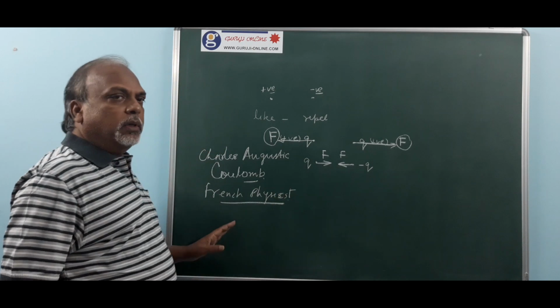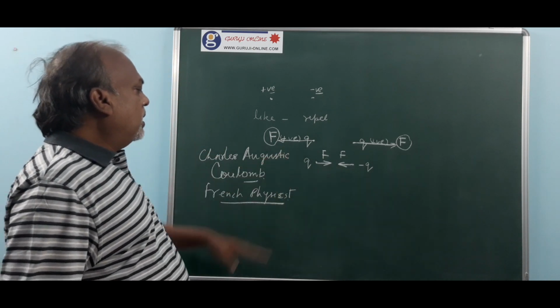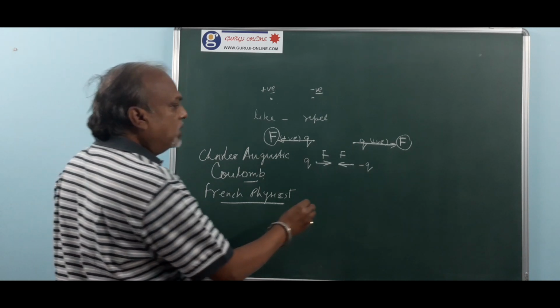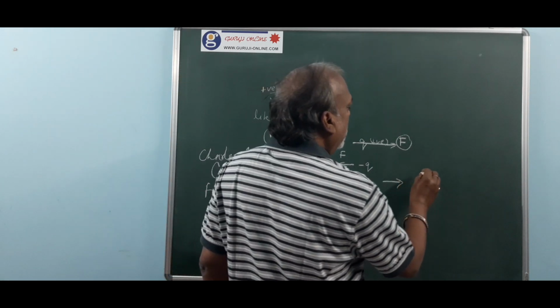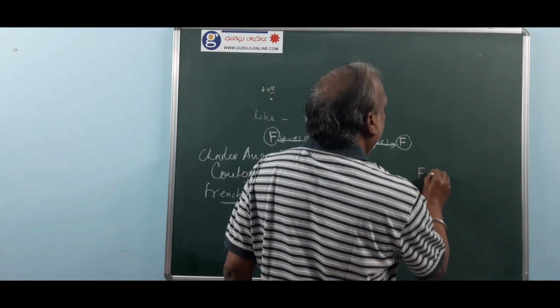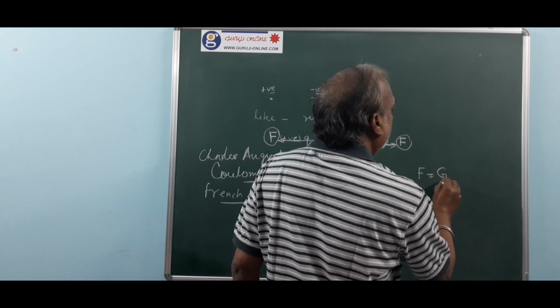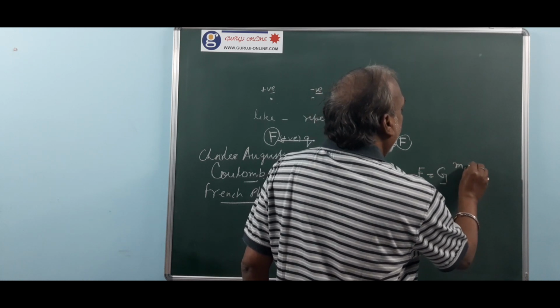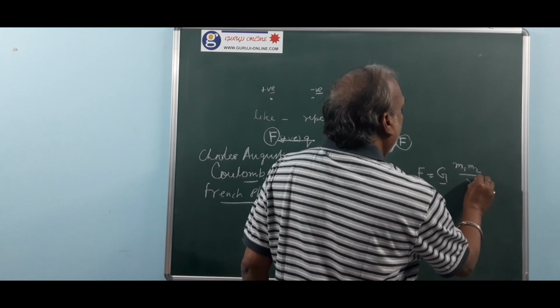He observed that, like in Newton's law, in Newtonian physics we have studied, this is a gravitation constant, m1 m2 upon r square.